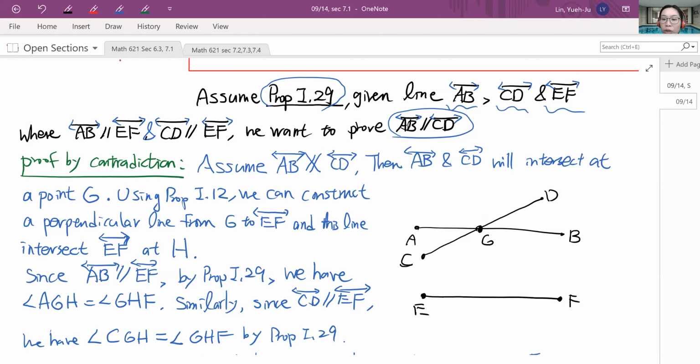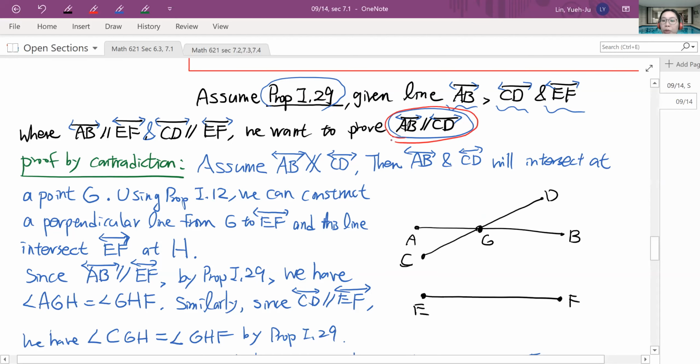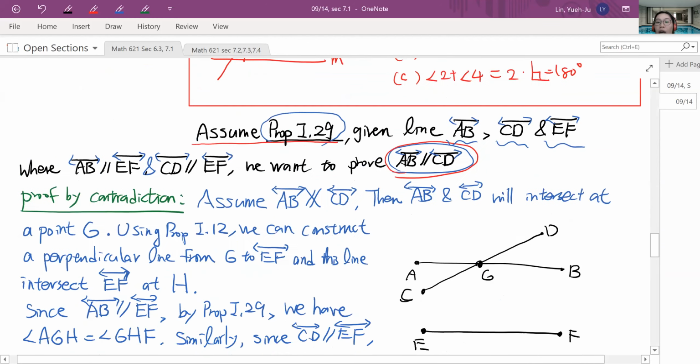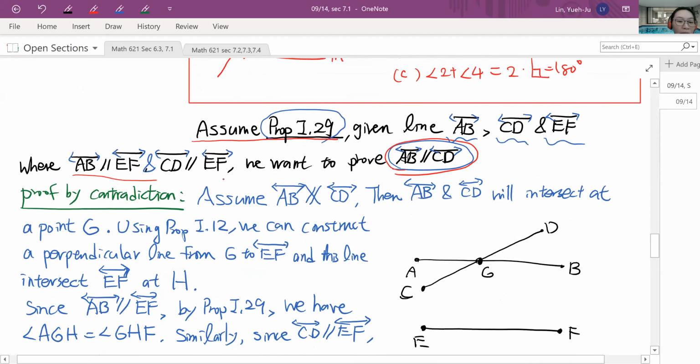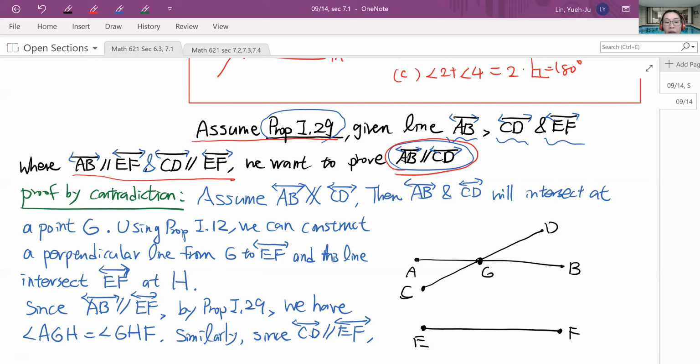Eventually I want to prove that AB is parallel to CD. With the assumption of proposition 1.29, this statement here is true, and I also assume AB is parallel to EF, CD is parallel to EF. And this time I use contradiction.